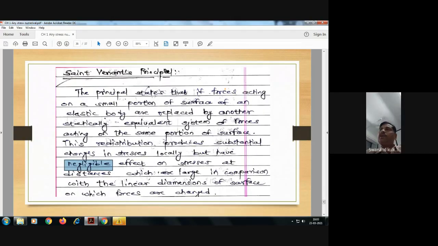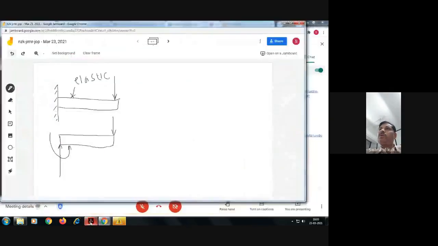We have already used this Saint Venant's principle in analysis of mechanical elements, the subject taught in second year, maybe strength of materials or analysis of mechanical elements, which you have studied.